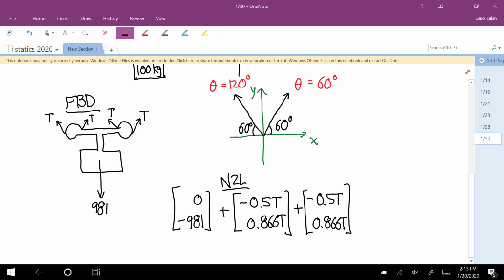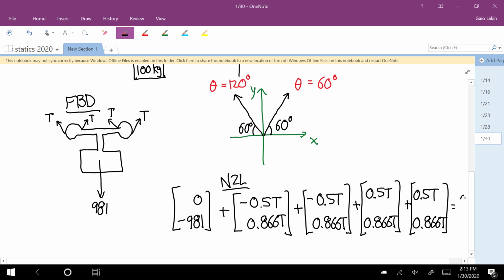And then there's two of the ones at 60 degrees, so that's plus positive 0.5 T, 0.866 T, and another one of those. And all these add up to 0.